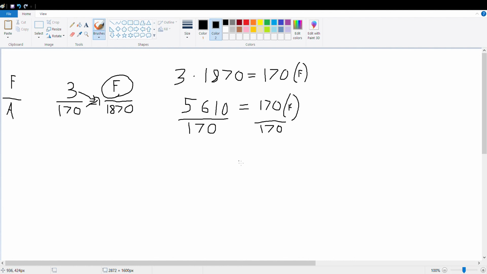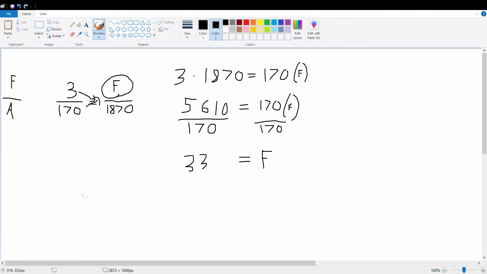170 over 170 would equal 1, and 1 times F is just F. So F equals, and then 5,610 divided by 170 would be 33.